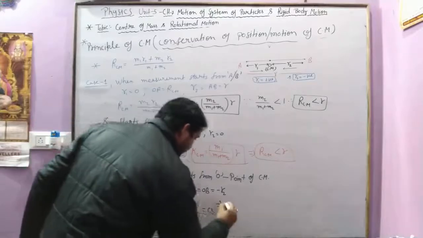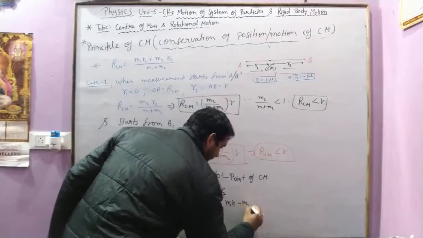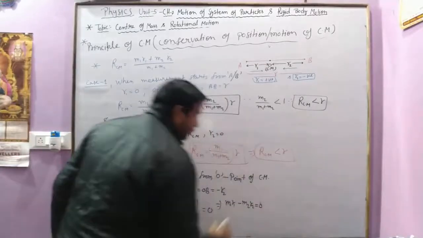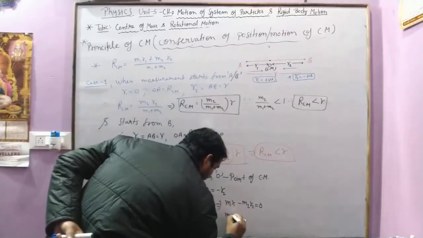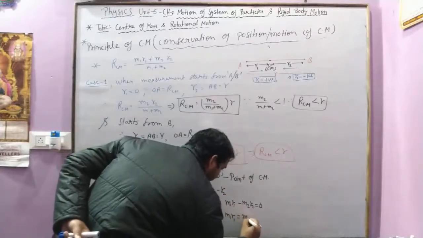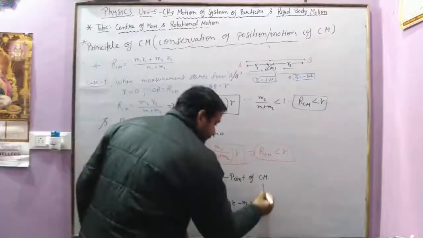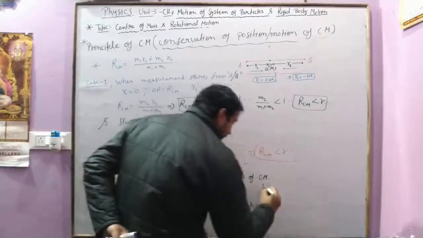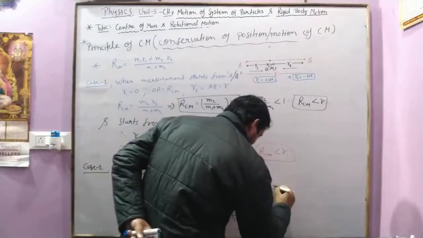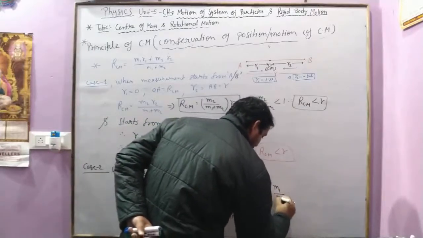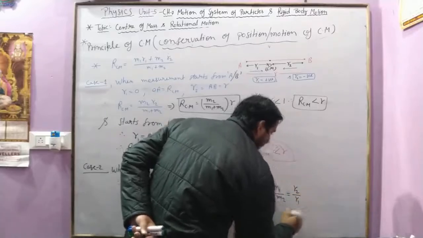From here, M1R1 minus M2R2 is equal to 0. Therefore we can equate M1R1 equal to M2R2. Now from here we get the ratio M1 upon M2 is equal to R2 upon R1.